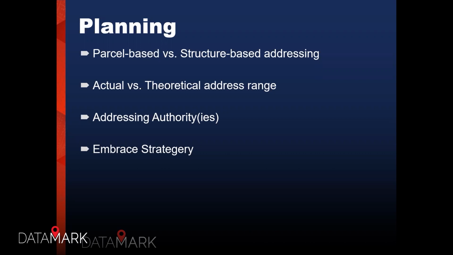Because for planning, for example, planners generally want to assign addresses based on parcels, which is a very different business need than public safety, where we need to assign based on structures. That's a very big distinction that I like to make. Understanding who your addressing authority is, making sure that you're really breaking down silos in NextGen and having that communication is extremely important when you're working on assigning addresses.